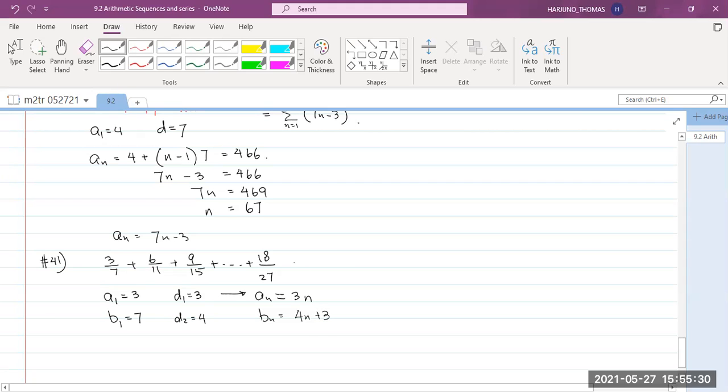Okay, so the summation notation here will be the summation of 3n over 4n plus 3 from n equals 1 to n equals, then you try to match it. What is n to make the numerator become 18? 6. Right? That's the summation notation.